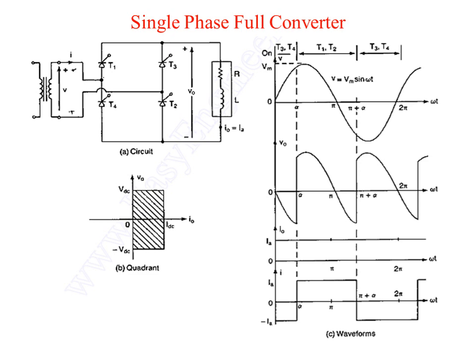During the period from alpha to pi, the input voltage, which is denoted by V, and input current, denoted by I, are positive, and power flows from the supply to the load. The converter is said to be operated in rectification mode during the period from pi to pi plus alpha as shown in waveform.